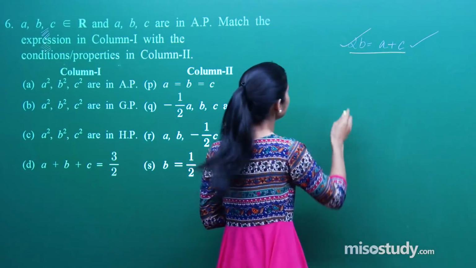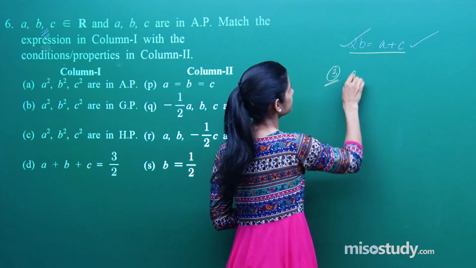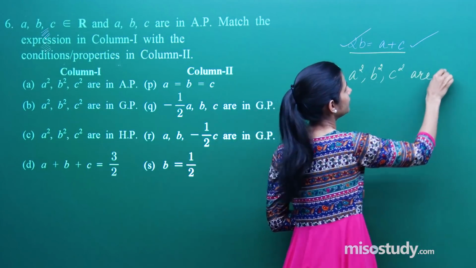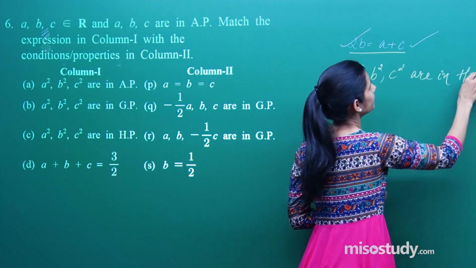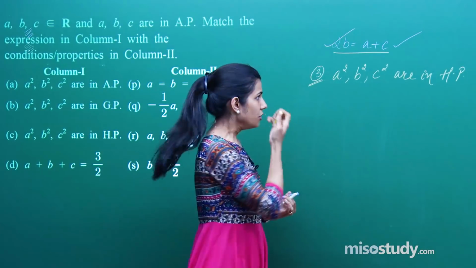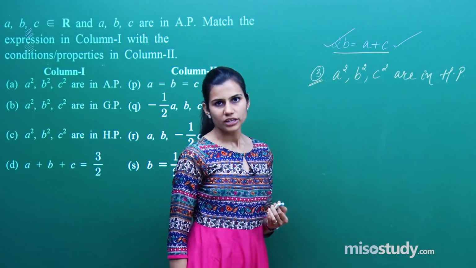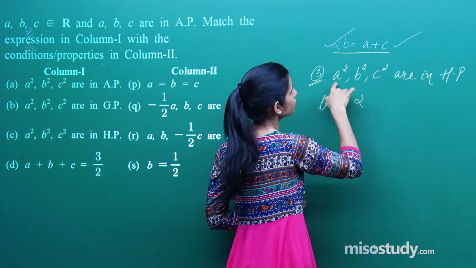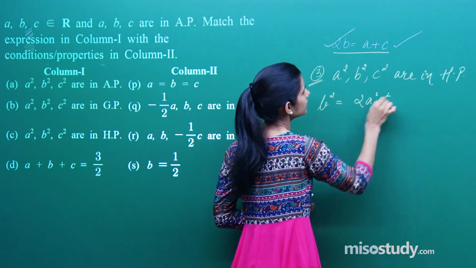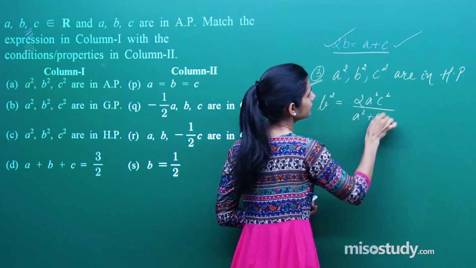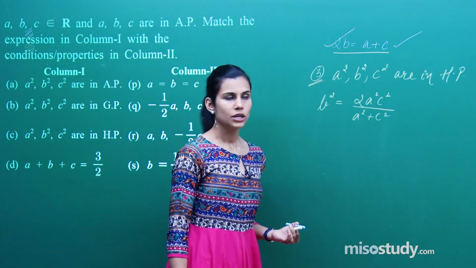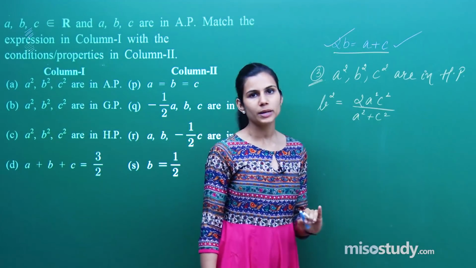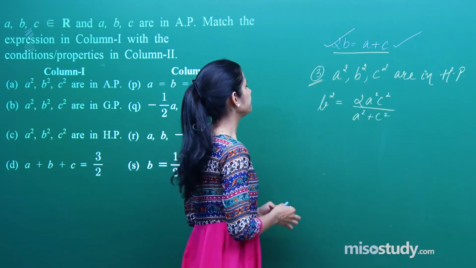Okay, so A square, B square, C square are in harmonic progression. 3 terms are in harmonic progression only when the middle term is equal to twice the product of the first and the third upon the sum of the first and the third. So if A square, B square, C square are in HP, that means B square is twice of A square C square upon A square plus C square.